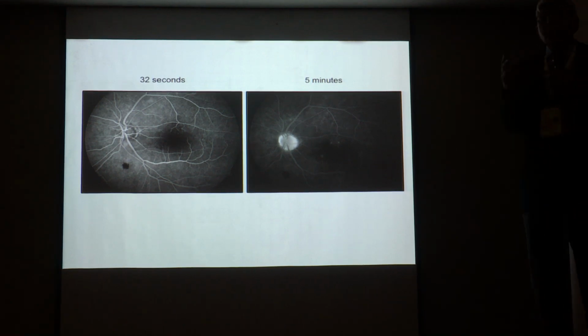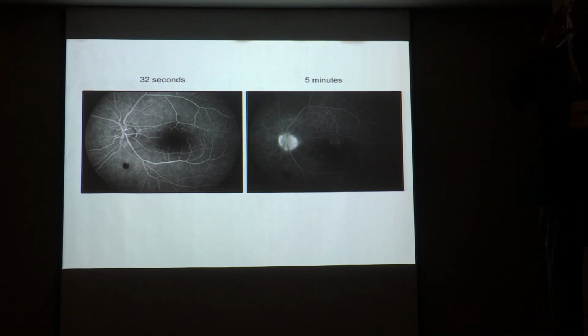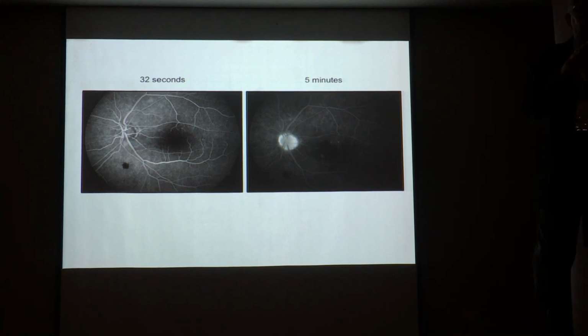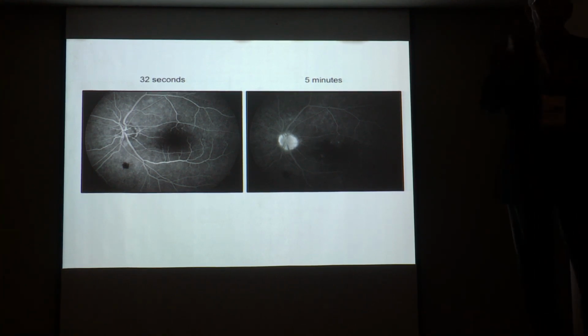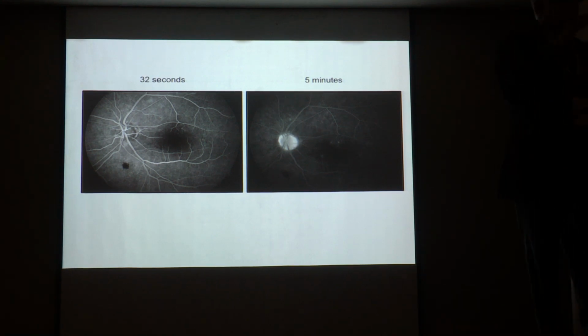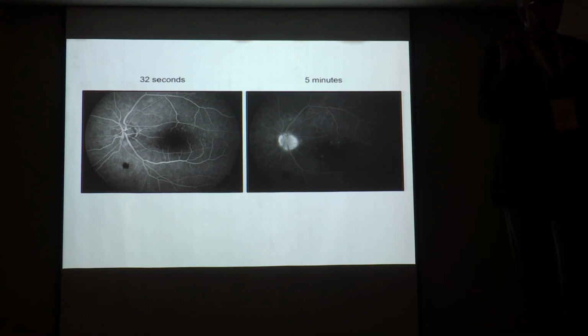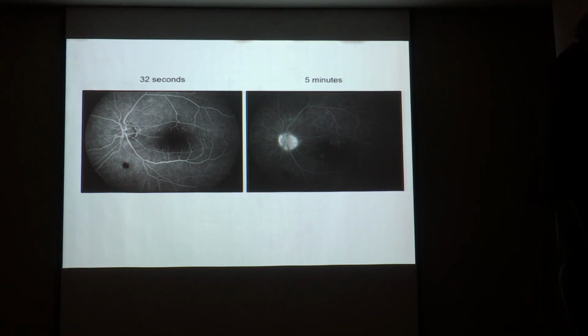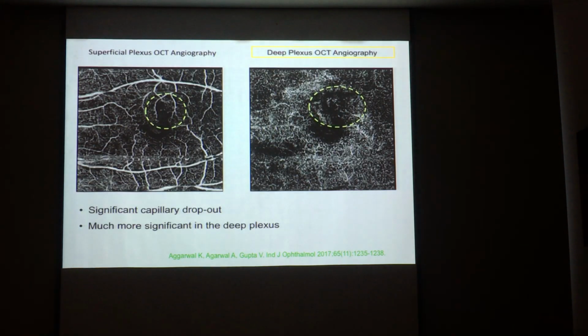With fluorescein angiography, we could never see what is called the deep capillary plexus. And the deep capillary plexus again has two layers. We could never see it because the fluorescein would leak and would obscure all the details of the deep capillary plexus. So in this patient, they did something very clever.